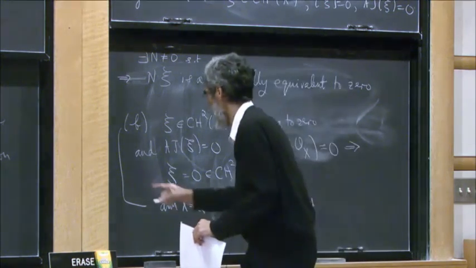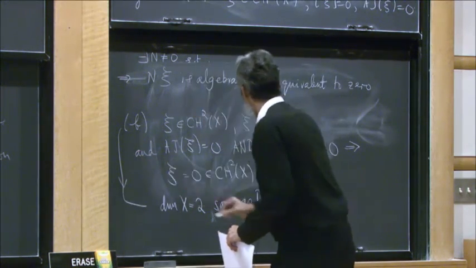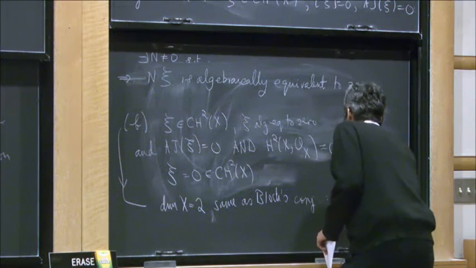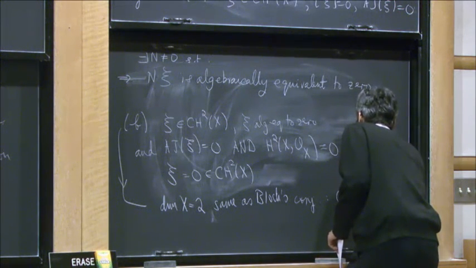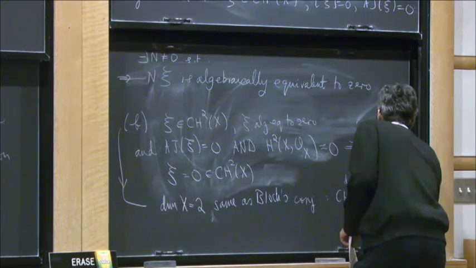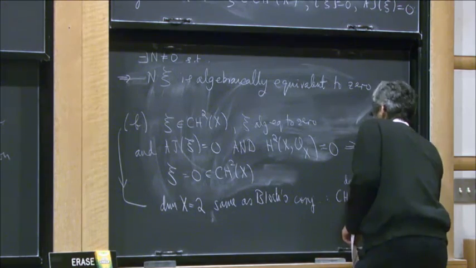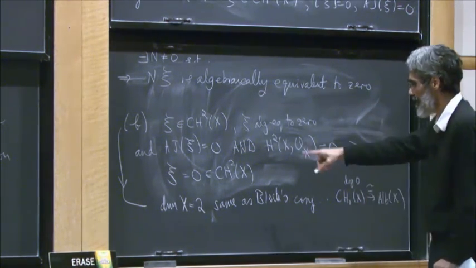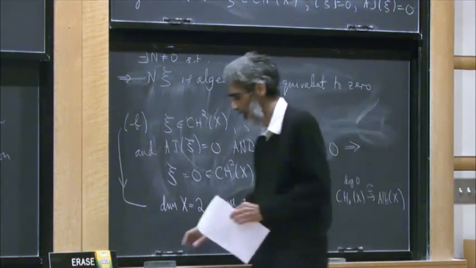This would say that Chow_0(X) of degree 0 to the Albanese of X is an isomorphism. The Albanese is taken care of by the intermediate Jacobian.